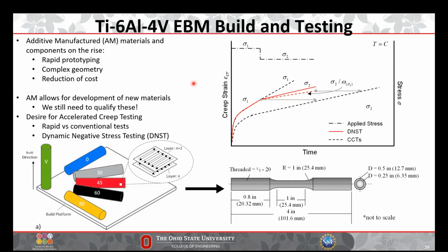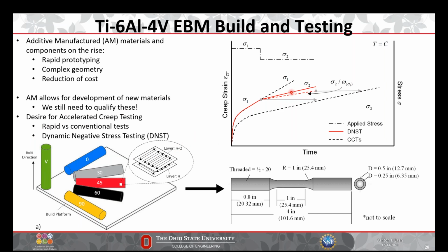And so basically we want to do rapid qualification, right? And the way we do this is via accelerated testing. So this is much faster than conventional testing is. And one of the ways, and the way I'll talk about in this talk, that this is being done is with dynamic negative stress testing.